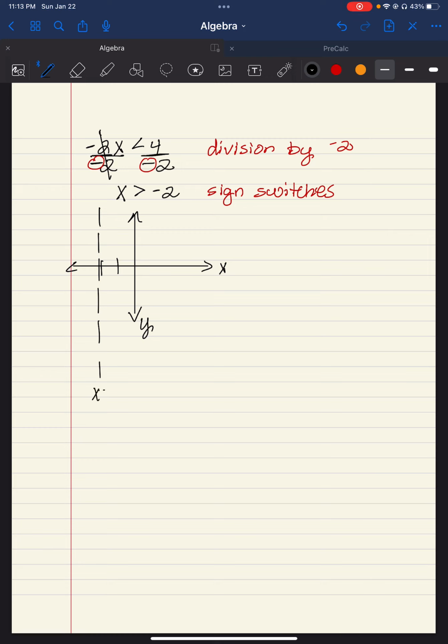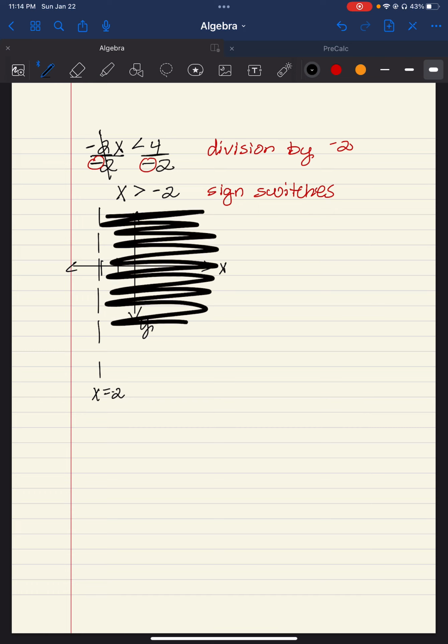This is the dotted line at x equals -2. That's the boundary. Then we shade everything to the right of that because we are looking for things that are greater than -2. And all of the x values that are bigger than -2 are on this side.